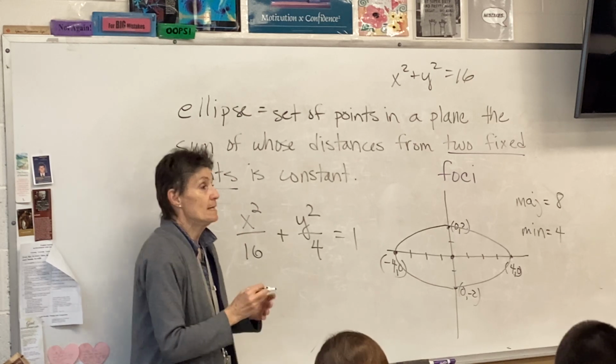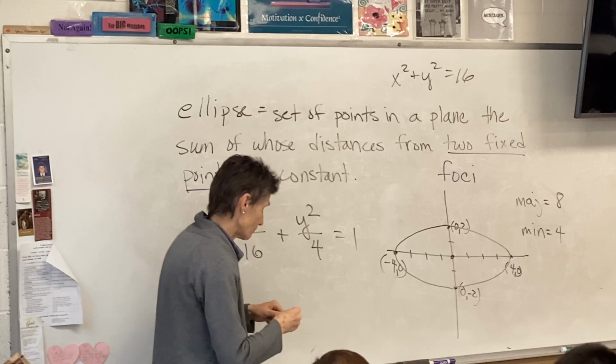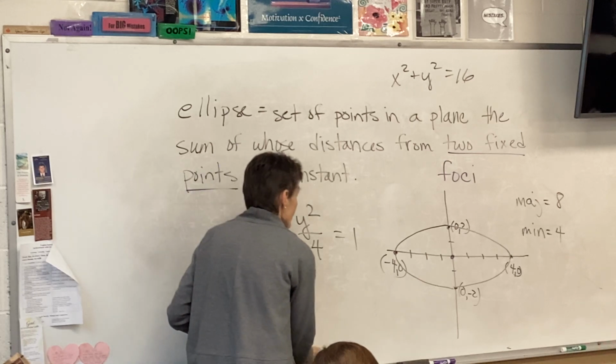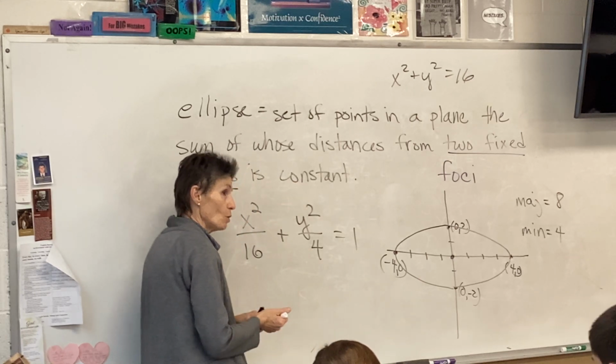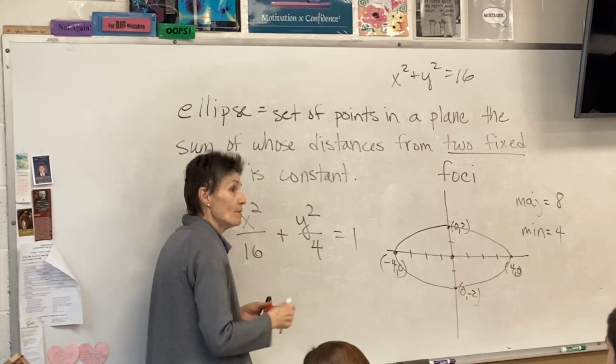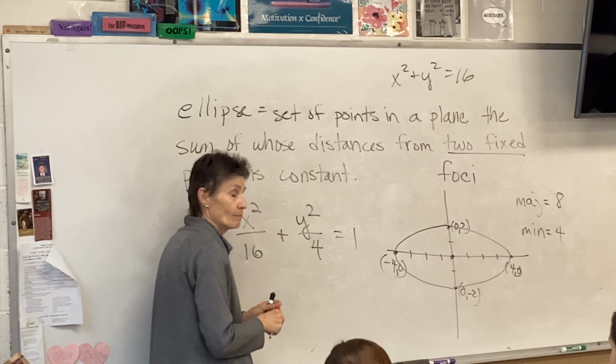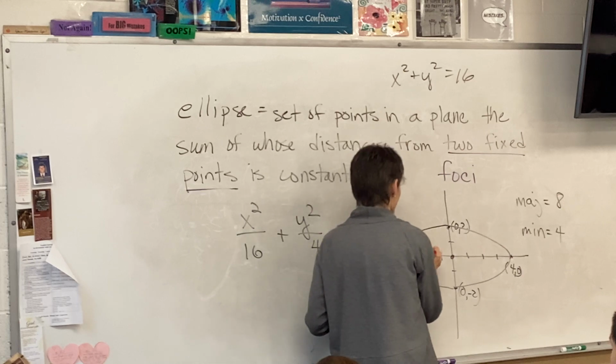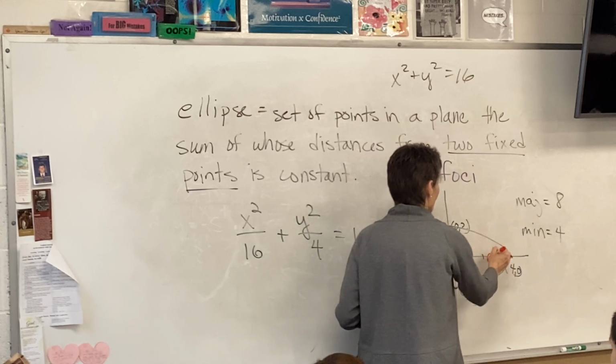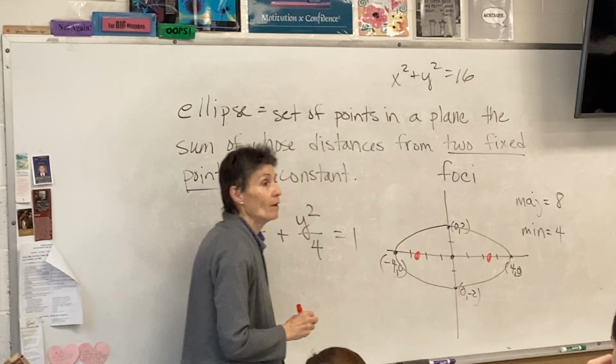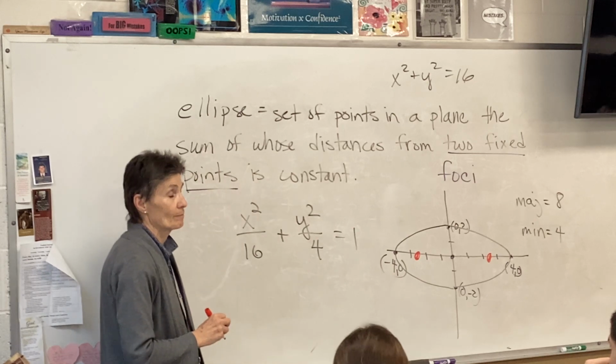Okay? Now, foci. The foci are always located on the major axis. So they're always somewhere. I have no idea where. It doesn't matter. I'm not grading your picture. They're somewhere on the major axis.